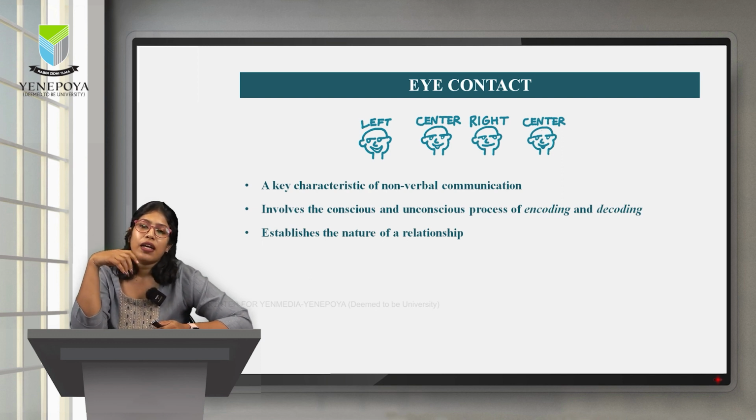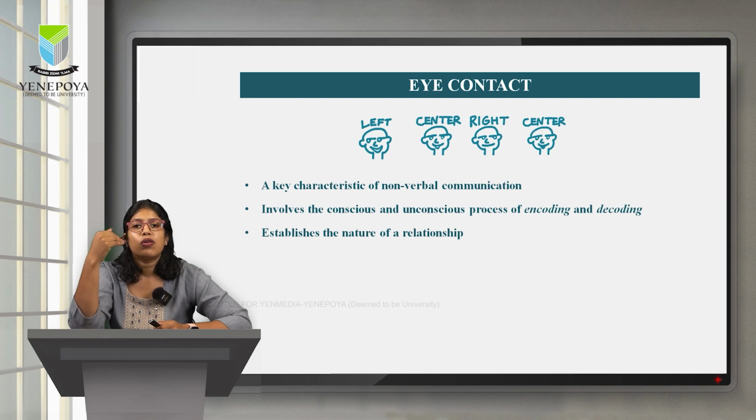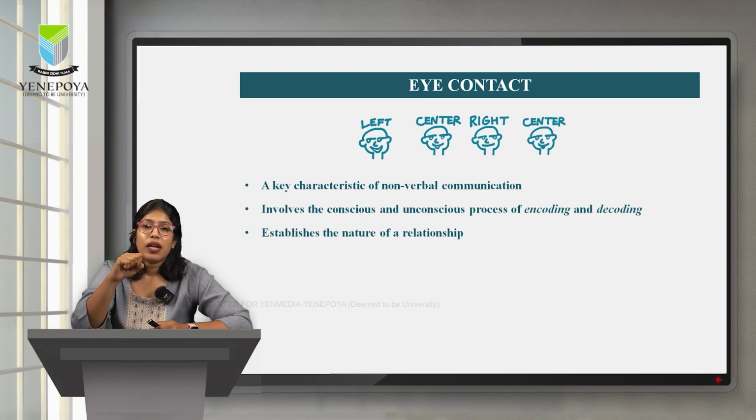And while maintaining eye contact, you also are able to establish a certain amount of trust and a certain amount of relationship in that conversation. So when you have this, you can tell that, okay, we've had a strong bond or we've just started connecting because of eye contact.